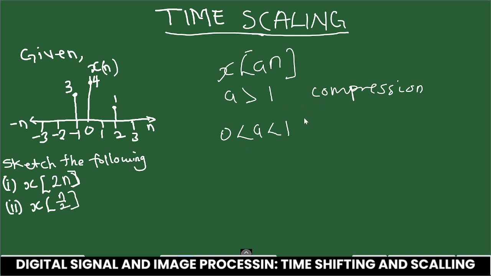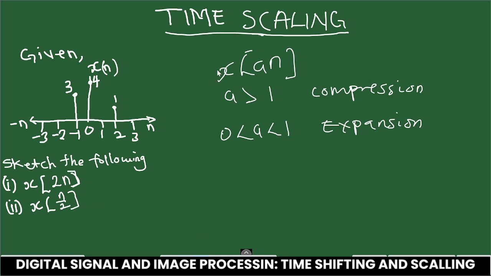When the scaling factor is between 0 and 1, we have expansion. Here is a simple trick: anytime the scaling factor is greater than 1, like 2, 3, 4, you take the position of the sample and divide it by the scaling factor. You will see that in the examples.